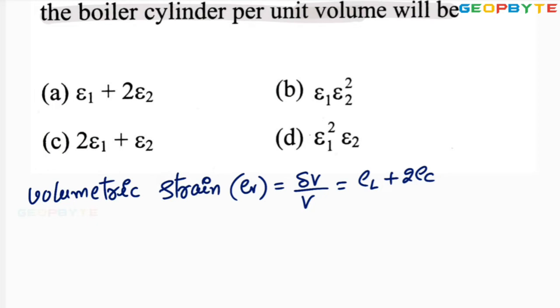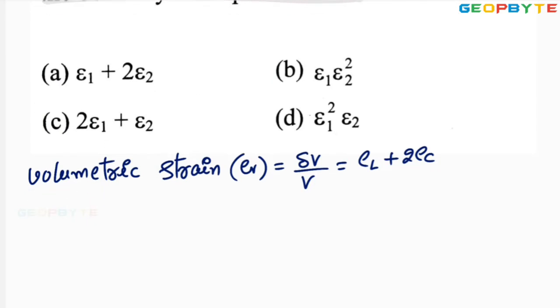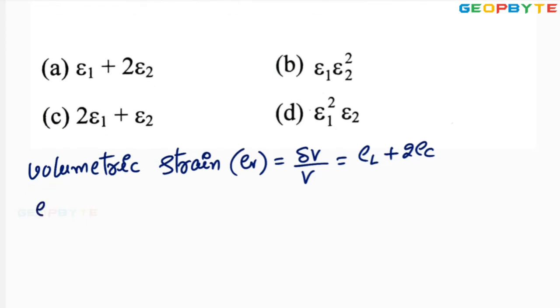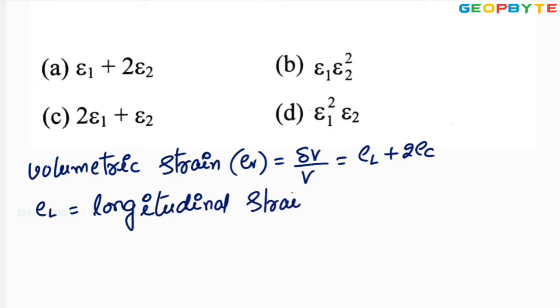Sum of the longitudinal strain and twice the circumferential strain is the volumetric strain. Here EL equal to longitudinal strain, and EC equal to circumferential strain.